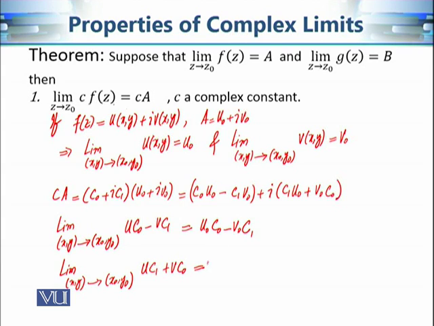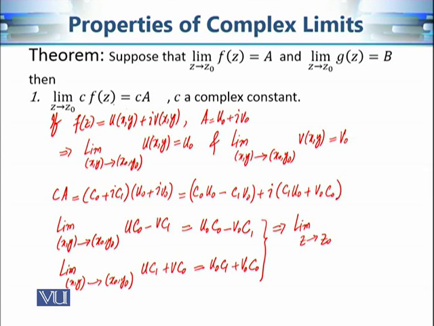Using once again the same properties of limits of real valued functions, this becomes u naught c1 plus v naught c naught.